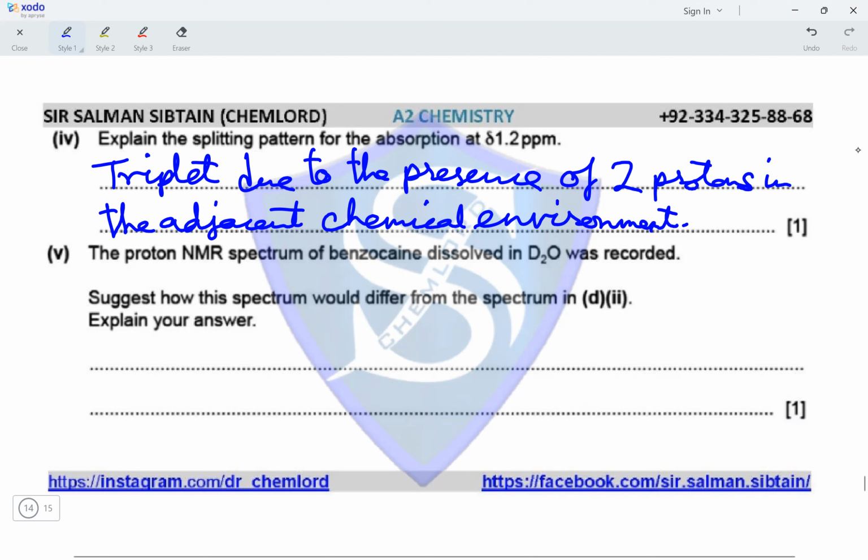The proton NMR spectrum of benzocaine dissolved in D2O was recorded. Suggest how this spectrum would differ from the spectrum in CDCl3. Explain your answer.